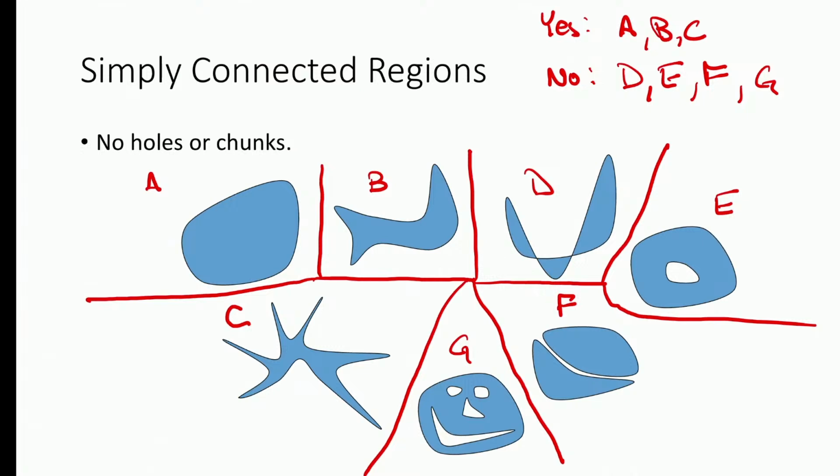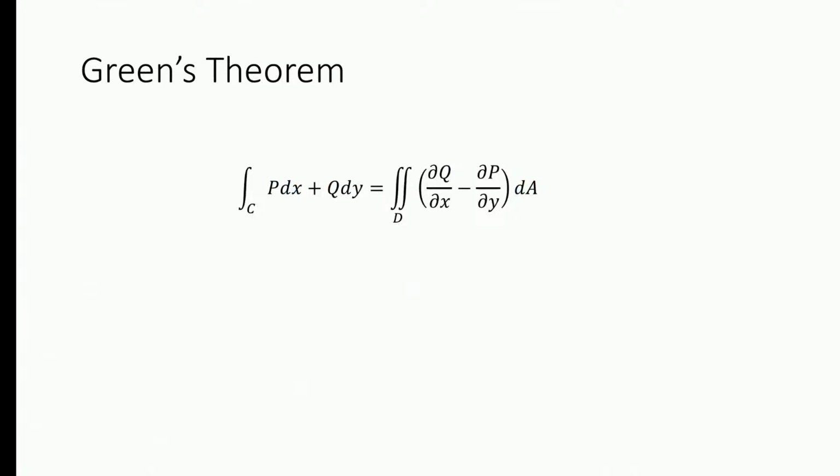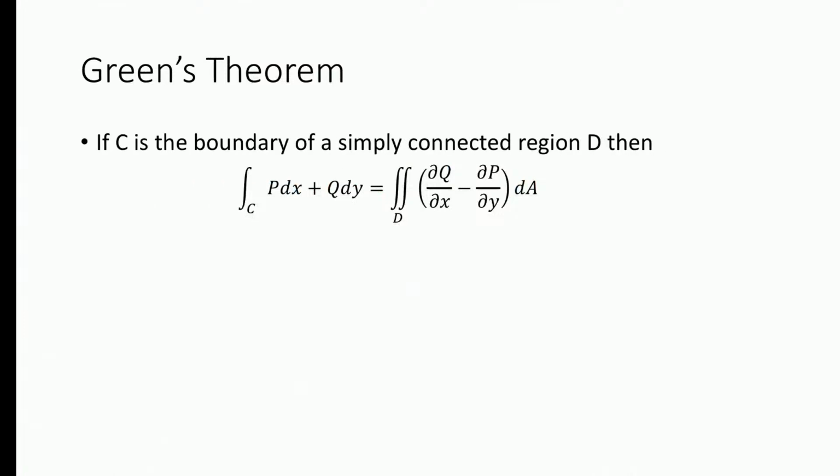So what does Green's theorem do? Well, Green's theorem allows us to compute line integrals quickly in vector fields that are not conservative. So the way that we're going to do this is we're going to apply this theorem: if you have a line integral through a vector field, as long as this line integral is the boundary of a simply connected region.